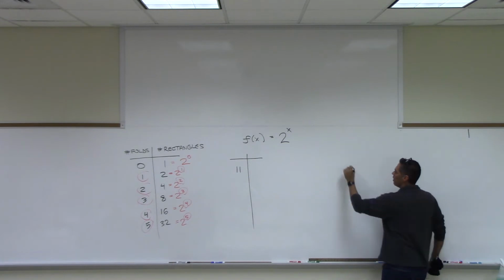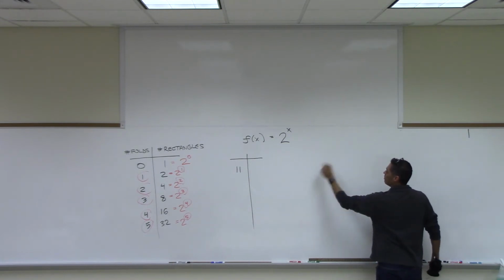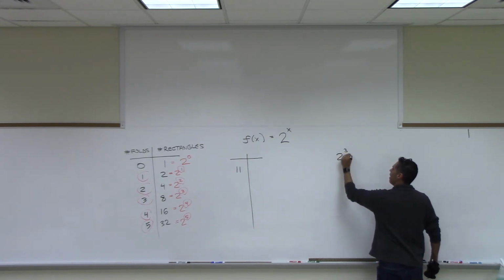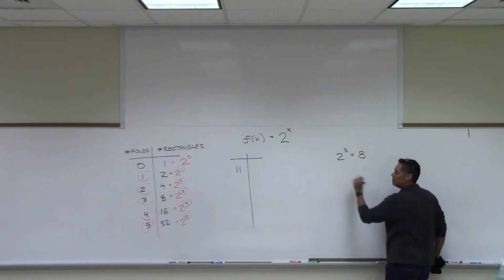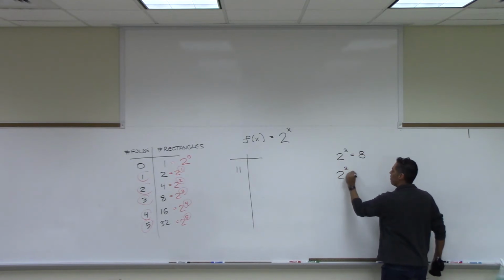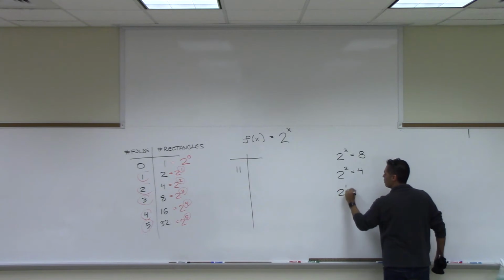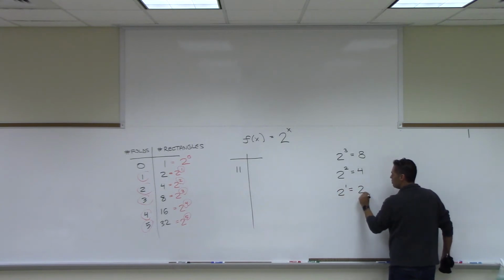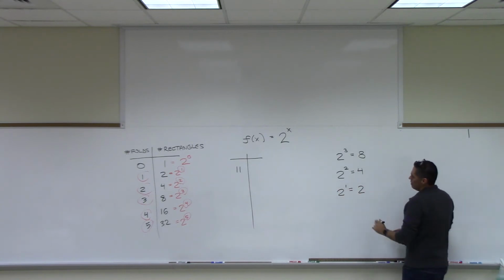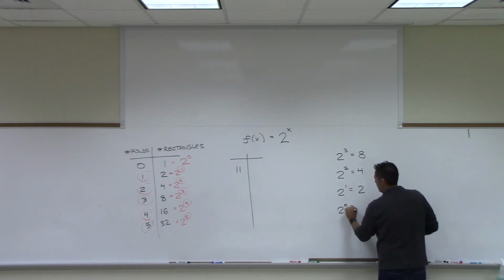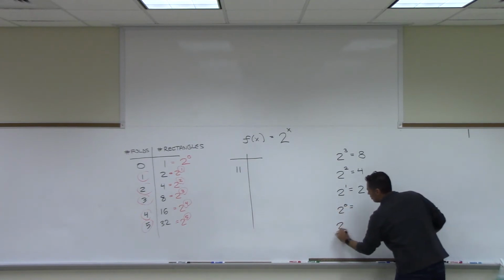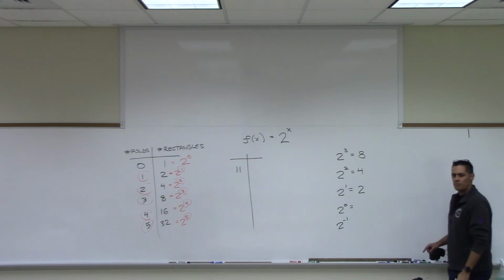And I'm going to do it this way. I'm going to go backwards from that table. If I go 2 to the third power, everyone agrees that's 8. 2 to the second power, that's 4. 2 to the first power, that's 2. Okay? I'm going to skip 2 to the 0. And then I'm going to go 2 to the negative 1.